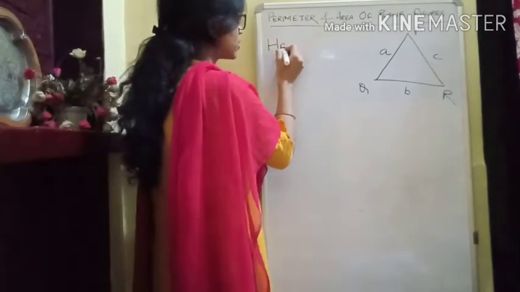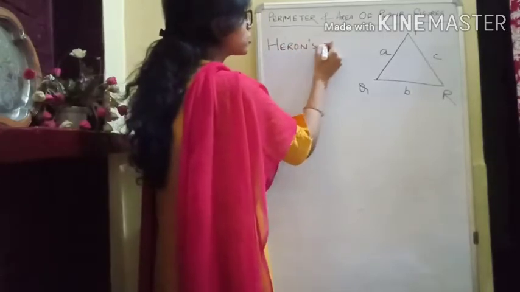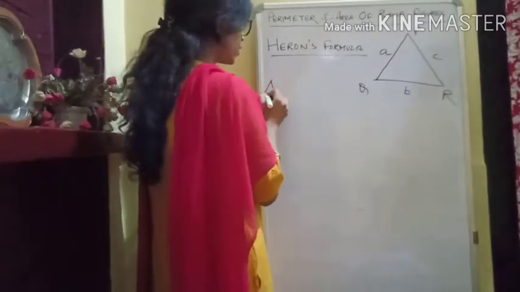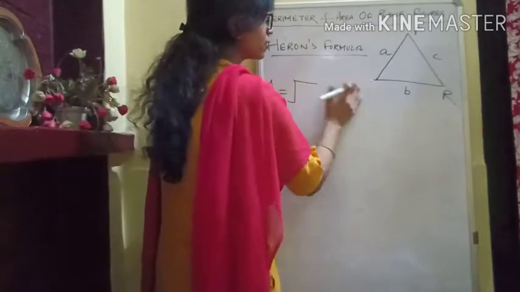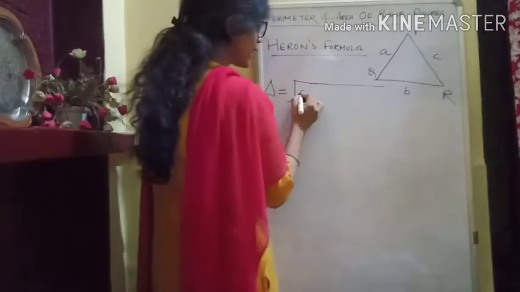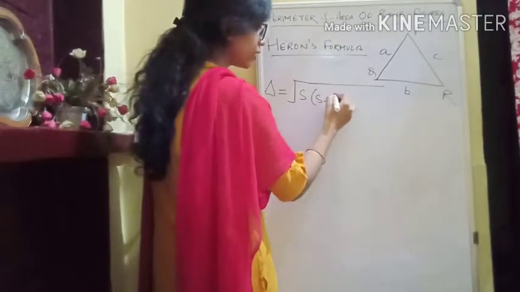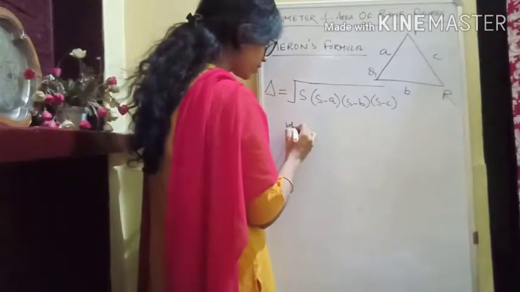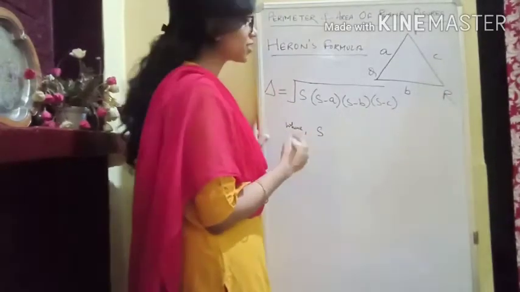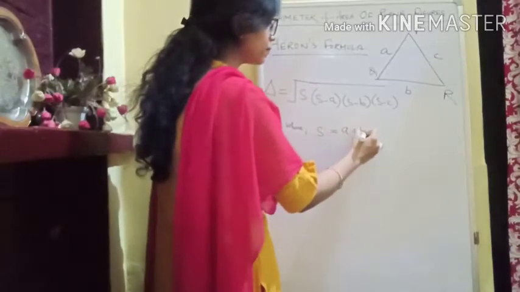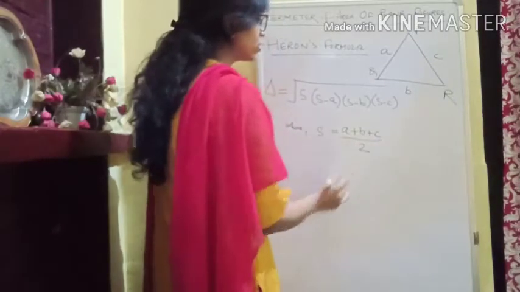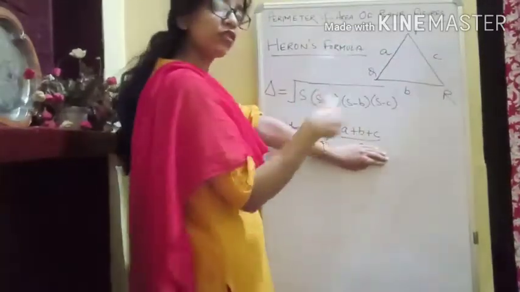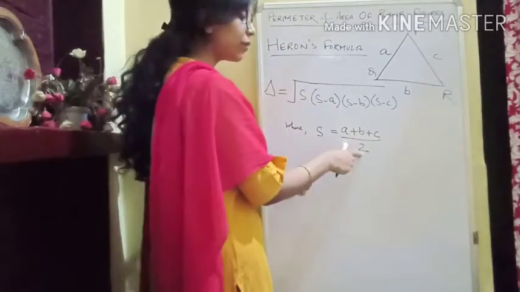So what does Heron's formula say? It's simple. The area is given by the formula √(s(s−a)(s−b)(s−c)), where s is the semi-perimeter, that is (a+b+c)/2. See, a+b+c is your perimeter, as it is the sum of the lengths of all sides, and it is divided by 2.